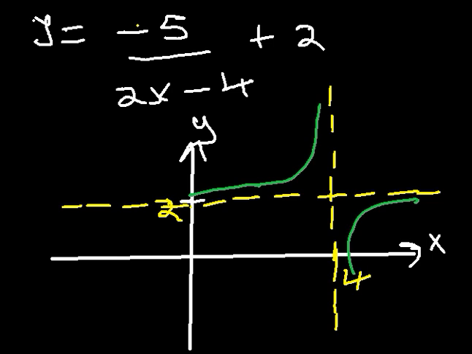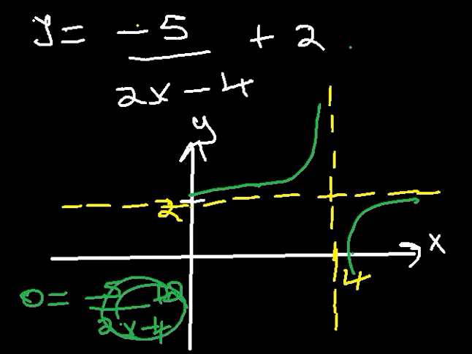Now, how about the x-intercept, which is this point? The x-intercept will be obtained upon having y is equal to 0. Hence we'll have 0 is equal to negative 5 over 2x minus 4, plus 2. So can you deduce the value of the x-intercept? On the same case, the y-intercept will be deduced upon having x is equal to 0.